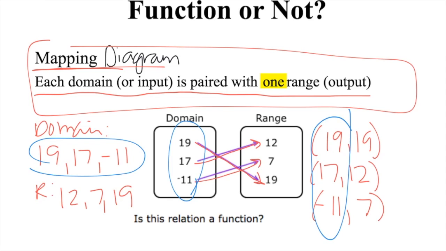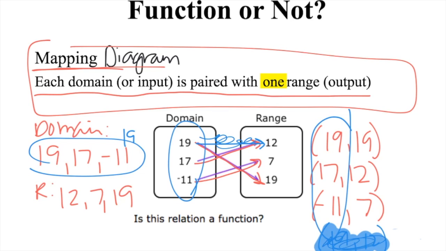Now, let's say 19 mapped to two numbers. 19 would be written twice in my list, in my ordered pairs. But it's not. Sorry guys, don't copy this blue stuff down.